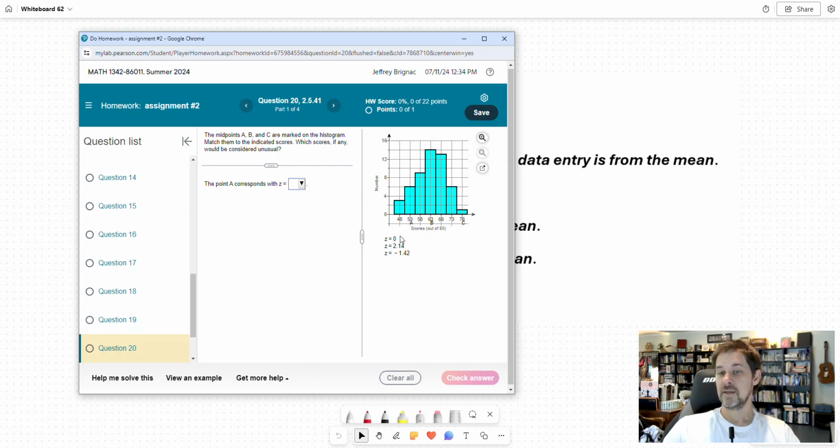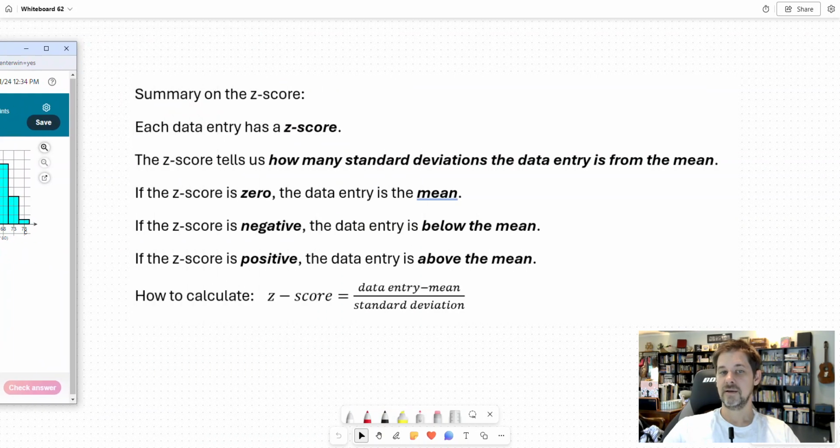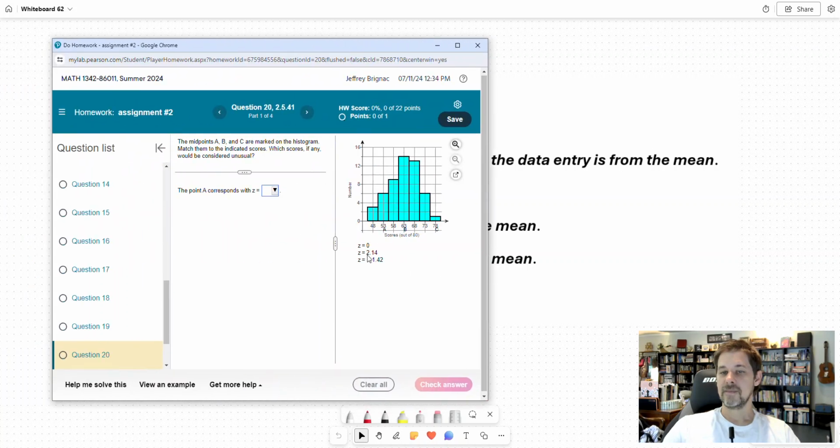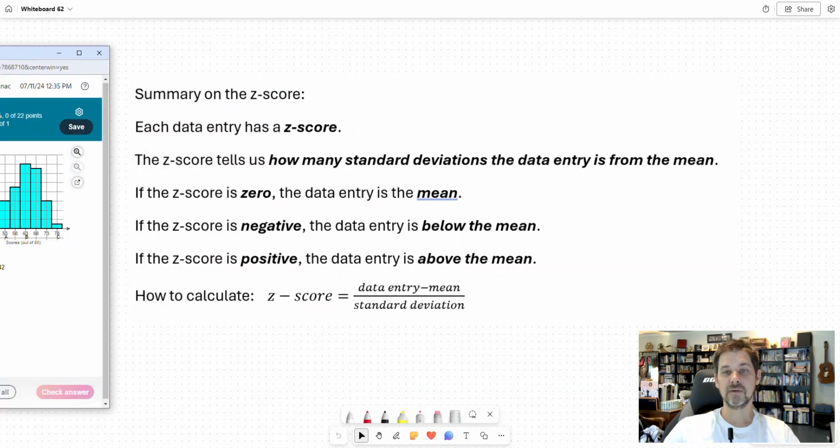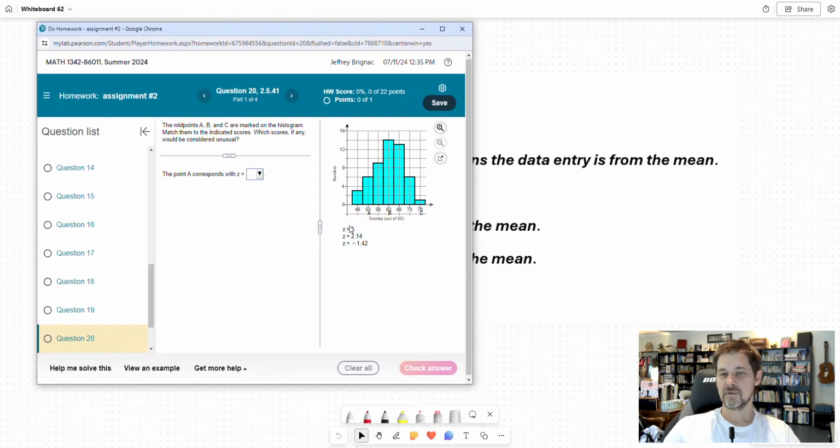And then the point with the z-score of negative 1.42 is below the mean, or less than the mean. And if the z-score is positive, the data entry is above the mean. So I see one of these z-scores is 0, one is positive, and one is negative.